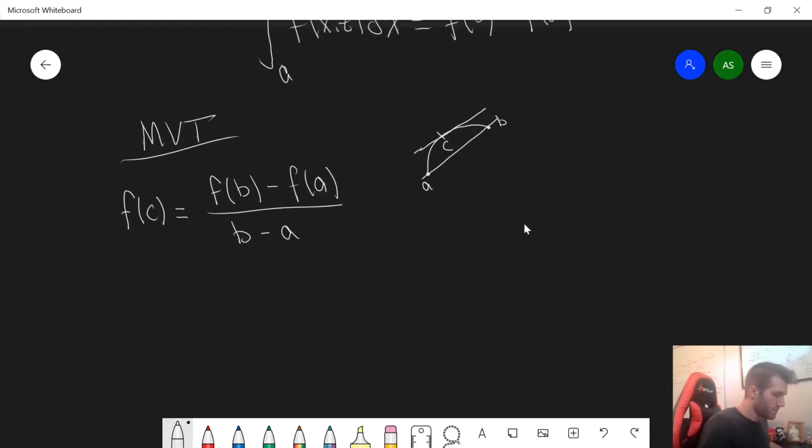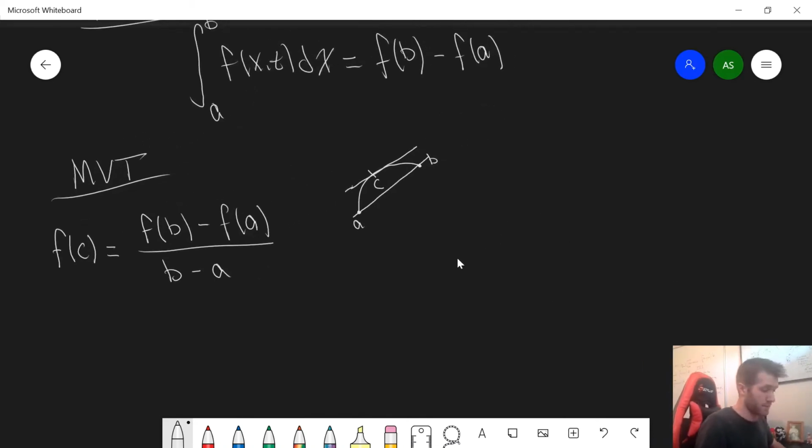Now, this is actually pretty similar to that. So our mean value theorem is pretty similar here. These bear some resemblances, so we can actually do a little bit of manipulation to set them equal to each other.